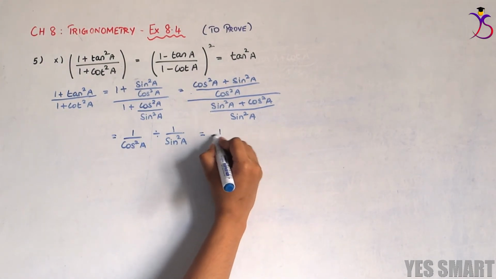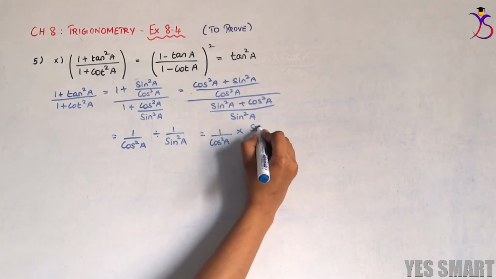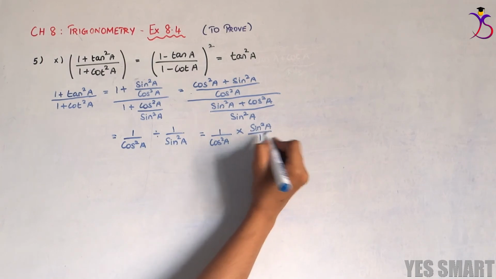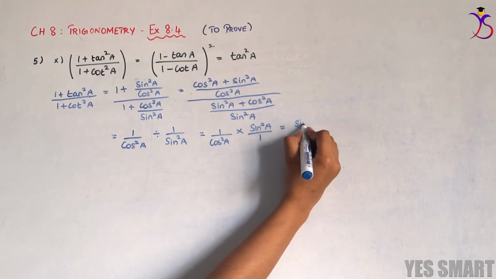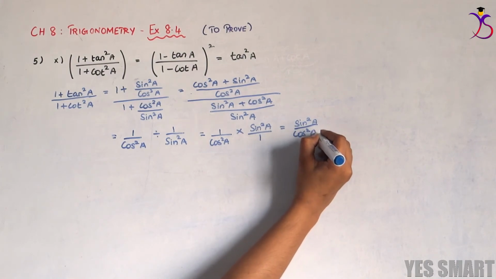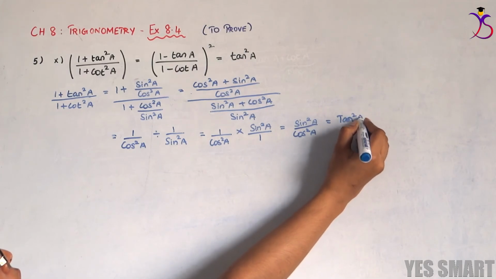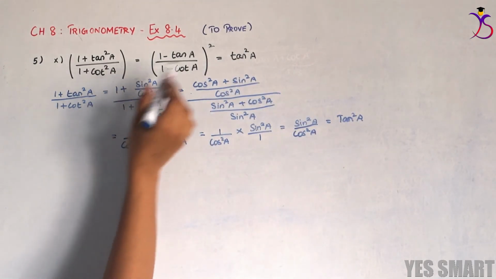Therefore it becomes 1 by cos square A into sin square A by 1, which is sin square A by cos square A. That is equal to tan square A. Hence we have taken the first term and proved that it is equal to the third term.